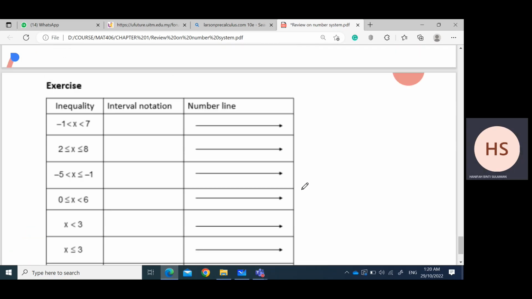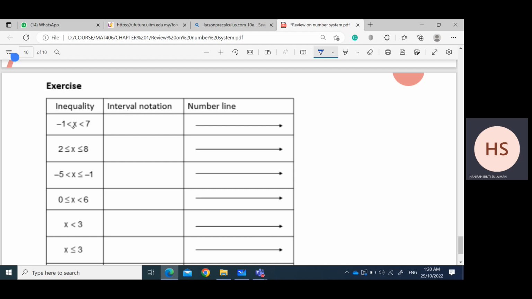As exercise, ada beberapa exercise dekat sini, you boleh cuba. Saya bagi satu contoh. We have this inequality, x is between negative 1 and 7, where x does not touch negative 1 and does not touch 7.